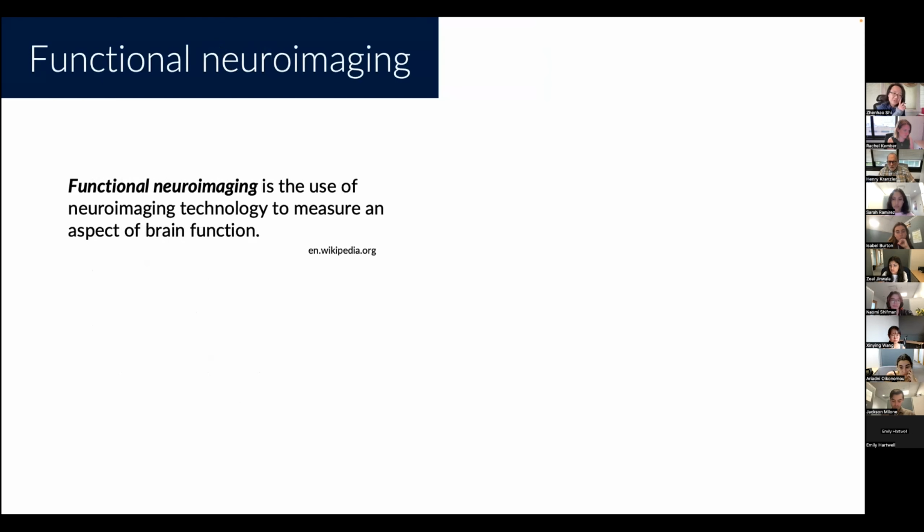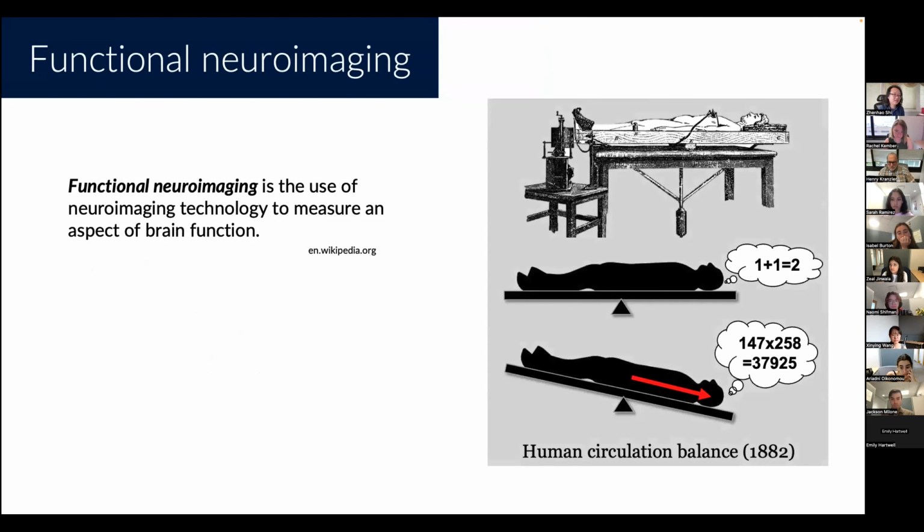Functional neuroimaging, by definition, is the use of neuroimaging technology to measure one aspect of brain function. There are many different kinds of imaging techniques out there. According to historians, the earliest kind of neuroimaging technology is probably the human circulation balance.